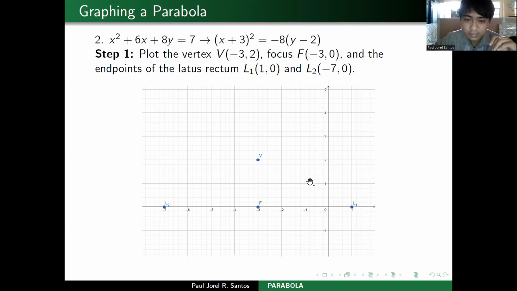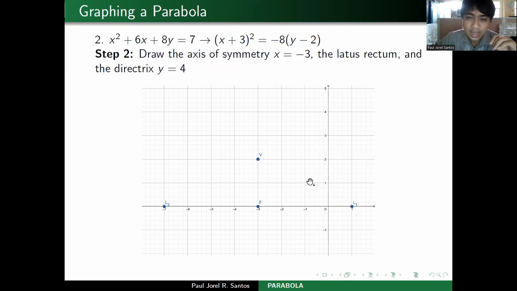And then, we have to draw the axis of symmetry, x equals negative 3, the latus rectum, and the directrix, y equals 4. Okay, the green one here is the directrix. Okay, this line passing through the focus and the vertex is called the axis of symmetry, and the latus rectum is the line that connects L sub 1 and L sub 2.